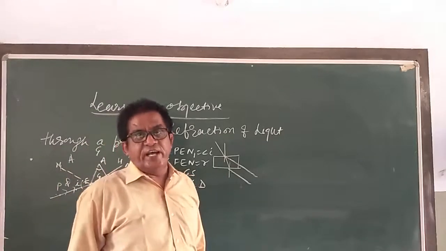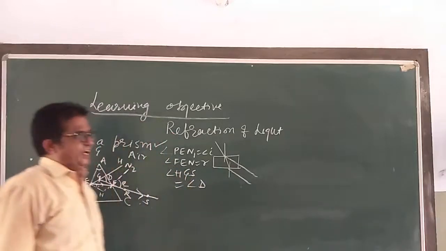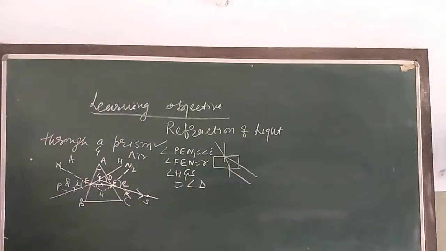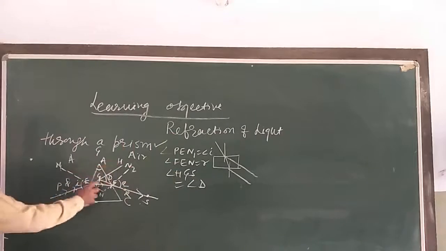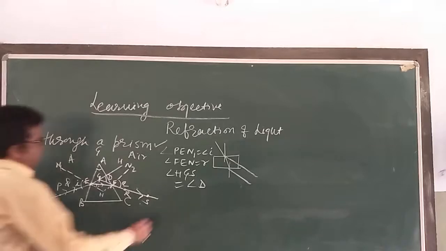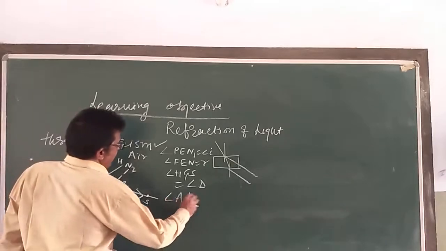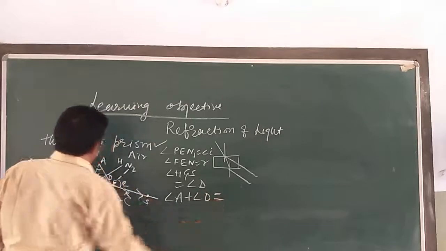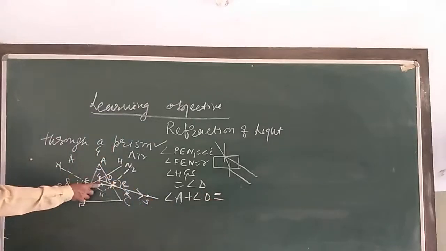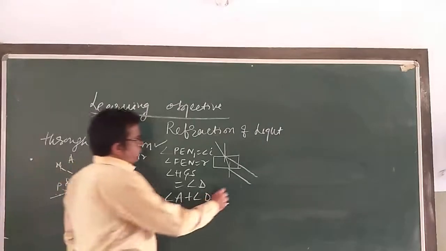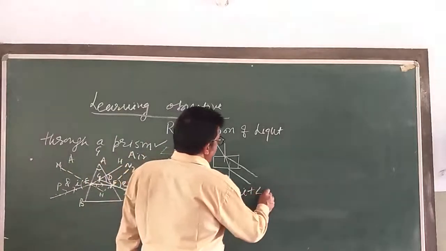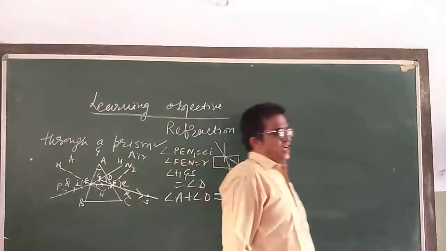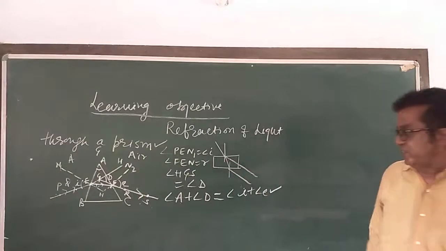Write these also: I, R and E. And HGS is the angle of deviation. One thing you have to remember here: angle A plus angle D is equal to angle I plus angle E. Remember this. We have to prove it in 12th class.